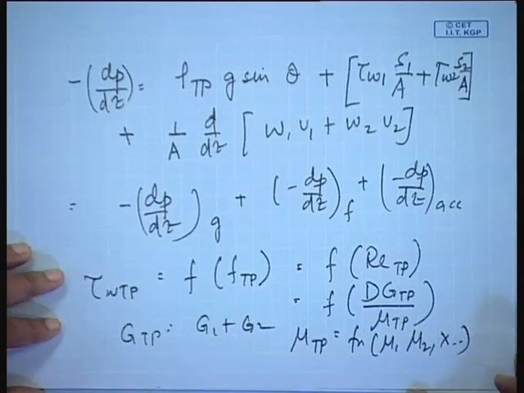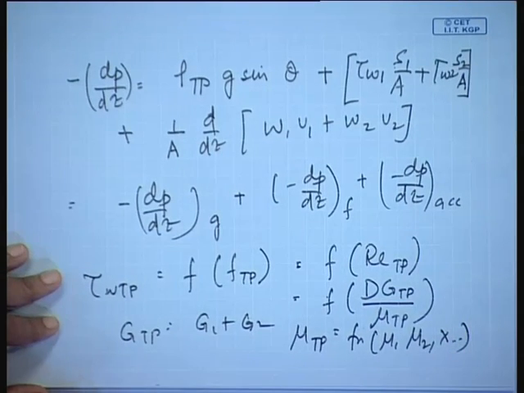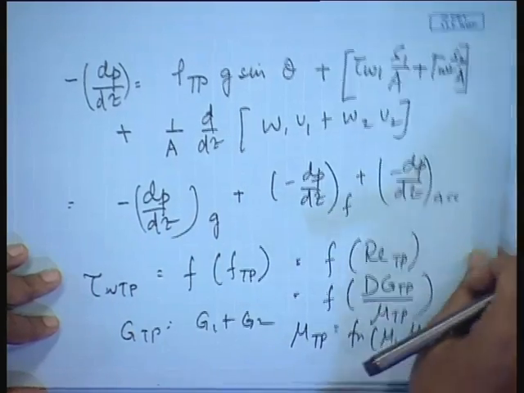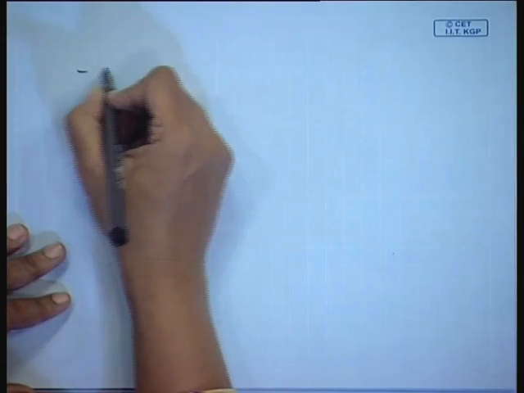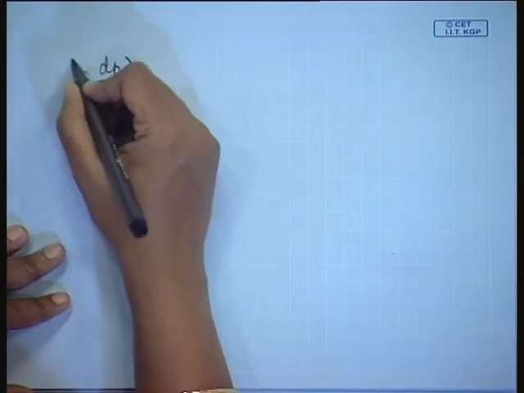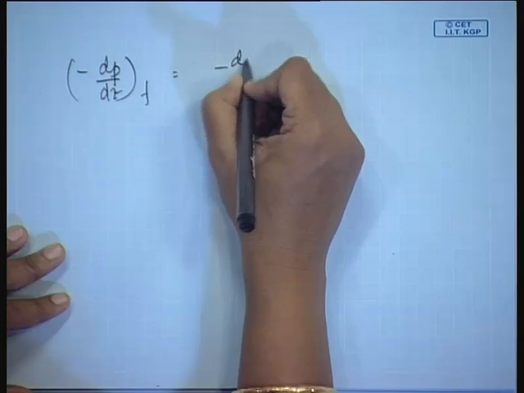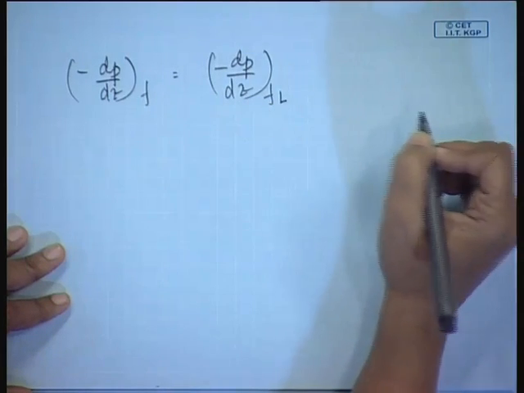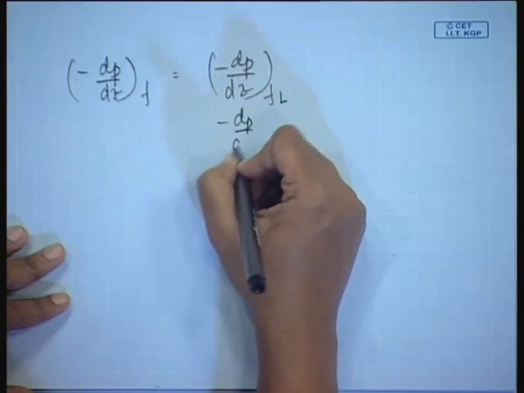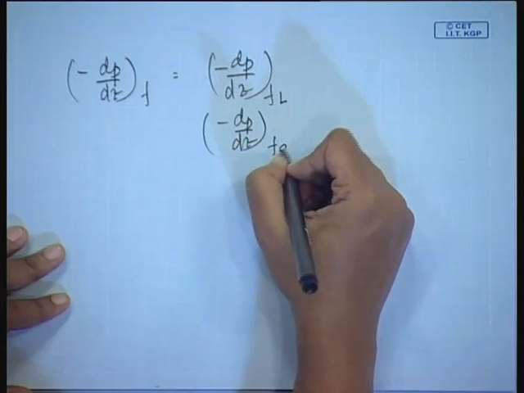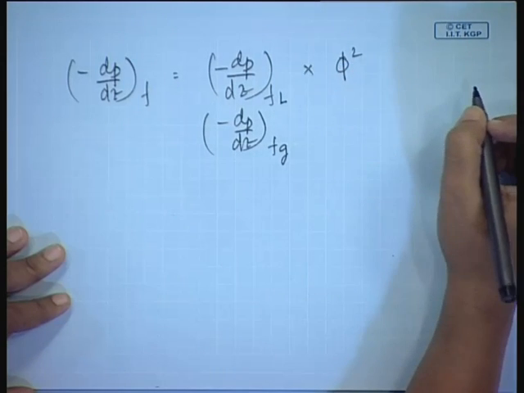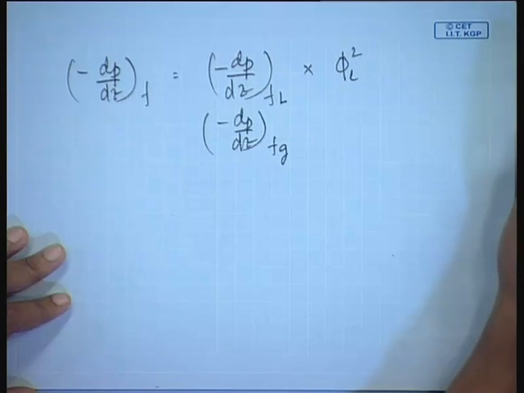The other thing which we did is, we assumed that if one phase is in much larger proportion as compared to the other phase, then we assumed the frictional pressure gradient, dP dz frictional, as the frictional pressure gradient for either liquid flow or for only gas flow, into some sort of correction factor which we defined as phi L square.